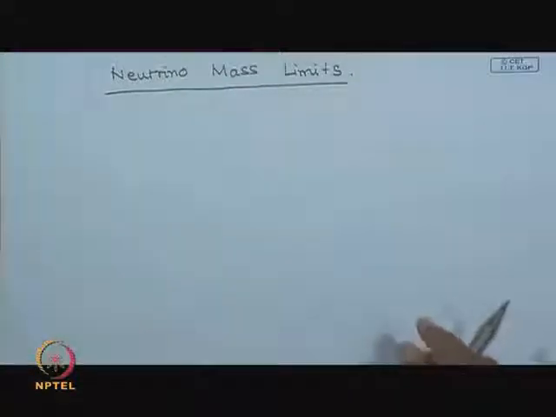The first point that I should tell you is that there now are very stringent limits on the neutrino mass, imposed by various other kinds of experiments and observations. Let me briefly tell you about some of these.